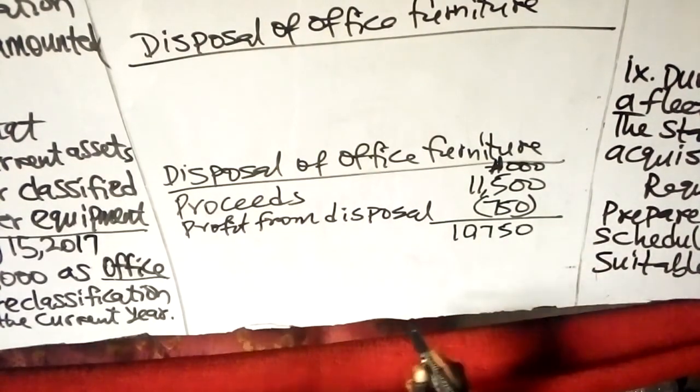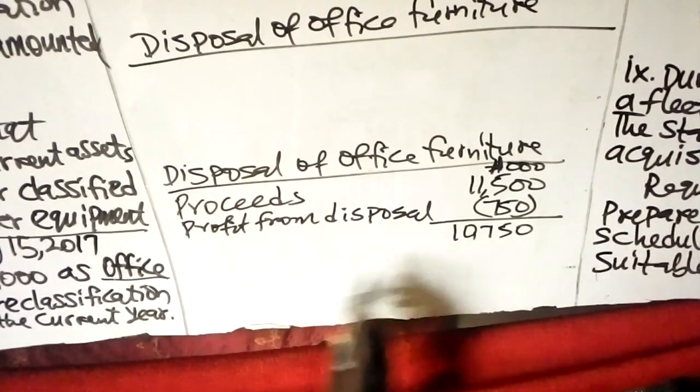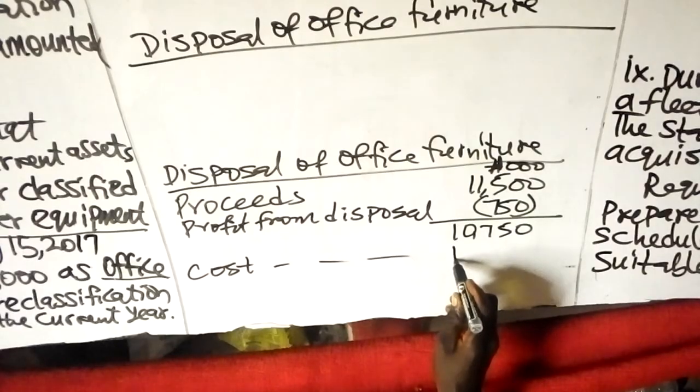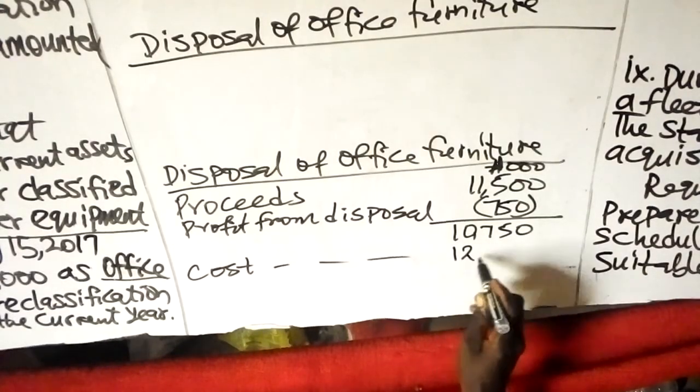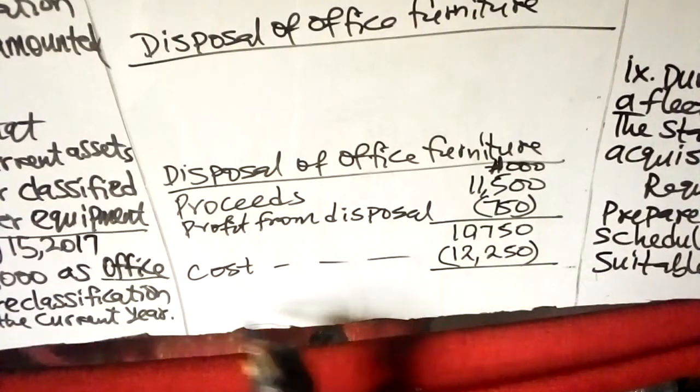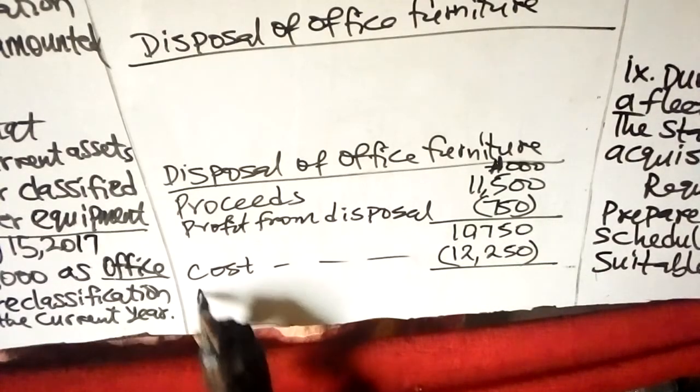10,750,000. Ordinarily, this will be the carrying amount. The cost was given to be 12,250,000. If you subtract, then you have the accumulated depreciation.